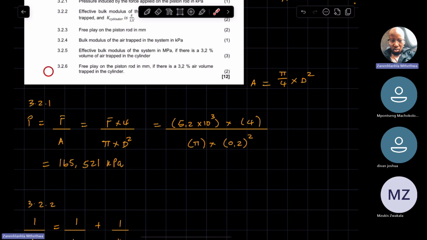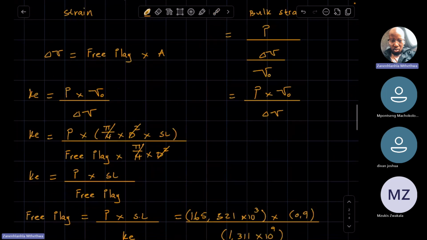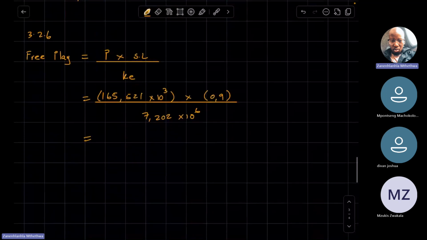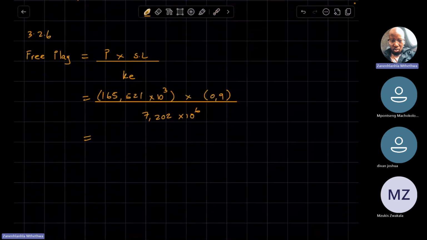So here they did specify again to leave our answers in millimeters, so whatever you get here, you must convert it to millimeters. So what is our free play in millimeters? 20,684 millimeters.